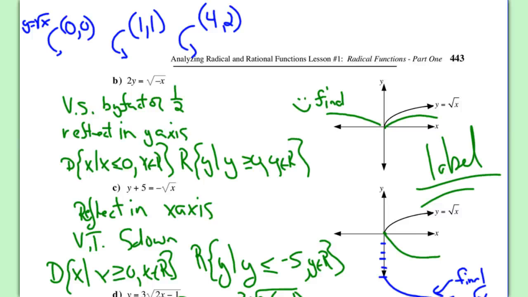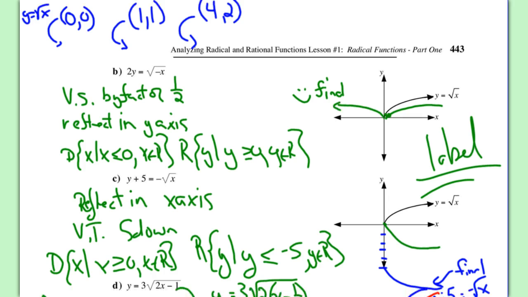So obviously in question B, this graph was vertically stretched by a factor of a half. So if I do SR and T, it should be half as tall. All those points would be half as tall, right? And then it's reflected in the y-axis, so that graph would now be over here. And our domain and range is given there.